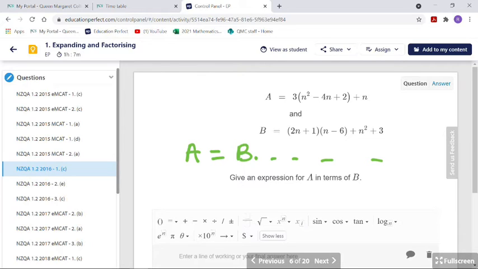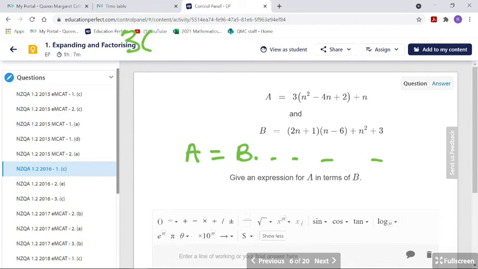Not exactly. What we're going to do is clean them both up, and I'm going to see what's the difference between A and B. And then whatever the difference is, that's what I need to put in. Hold on. Let me show you.